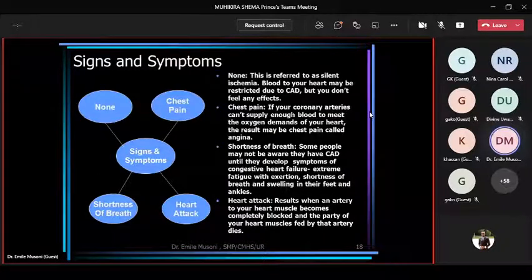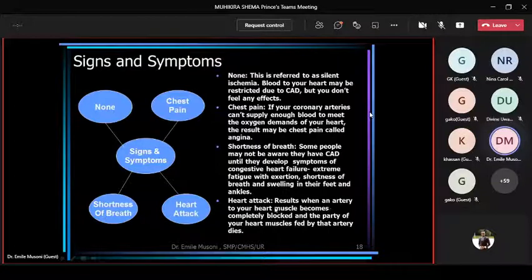In the case of atherosclerosis in coronary arteries, there will be what we call coronary artery disease. There will be chest pain, shortness of breath, and then at the end there will be what we call heart attack.